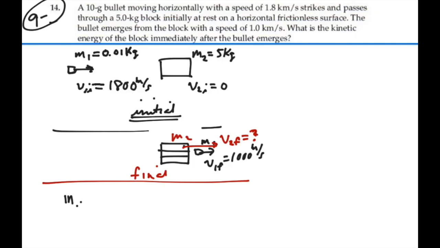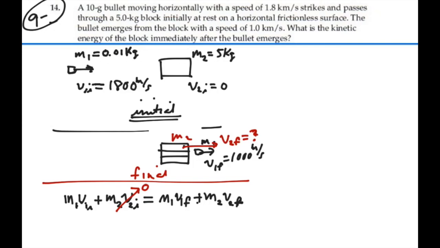So mass 1, velocity 1 initial, plus mass 2, velocity 2 initial, equals mass 1, velocity 1 final, plus mass 2, velocity 2 final. Conservation of momentum. In this case, velocity 2 initial is 0, so that term is 0.